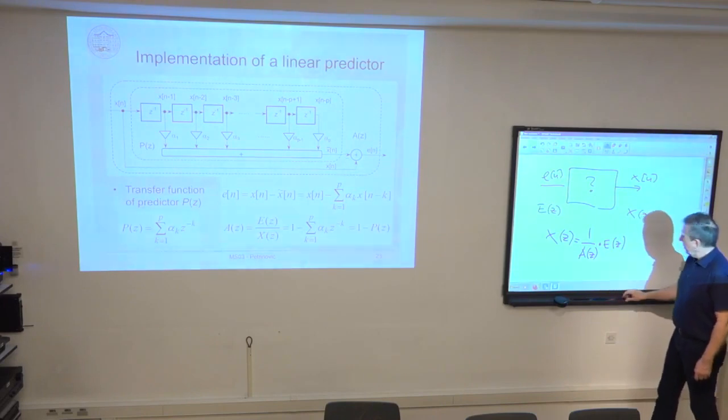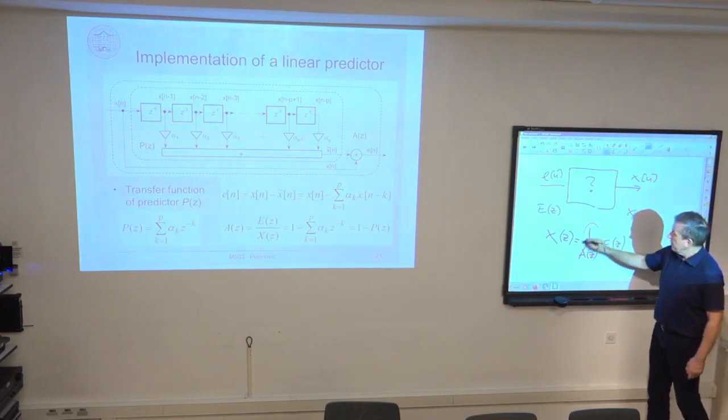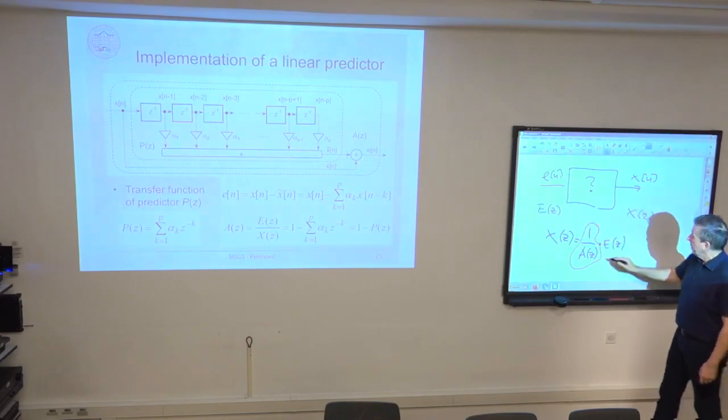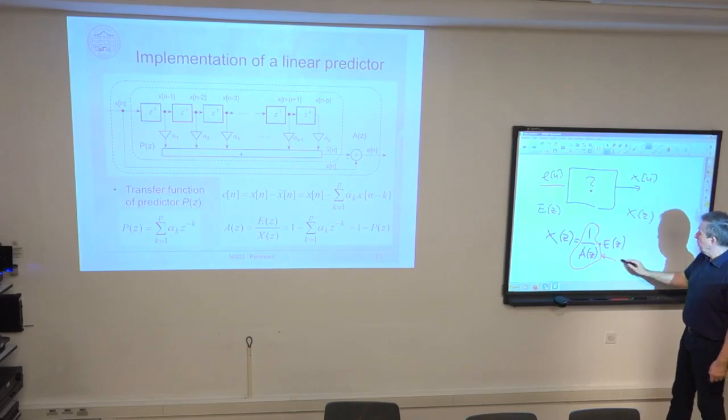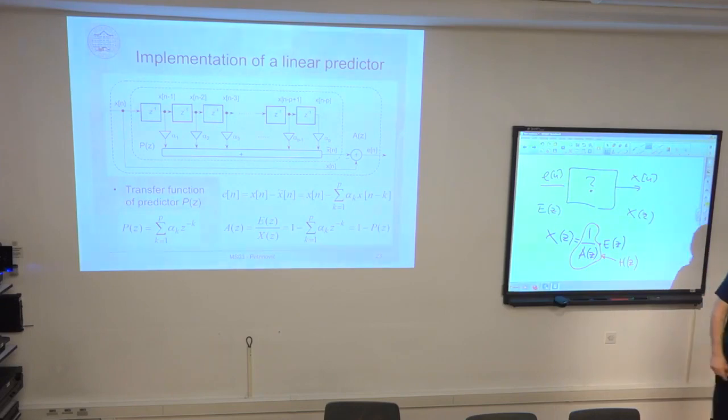And this reciprocal system, this inverse system, will be denoted with h of z. So this is the transfer function of the reconstruction system that reconstructs the original signal from the prediction residual.